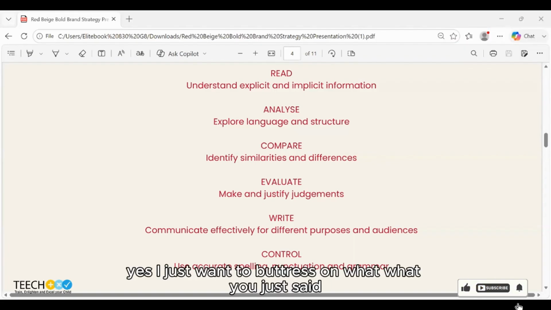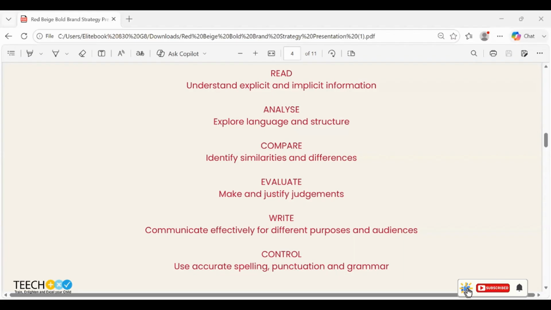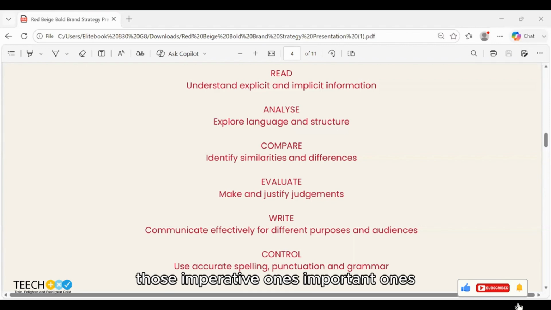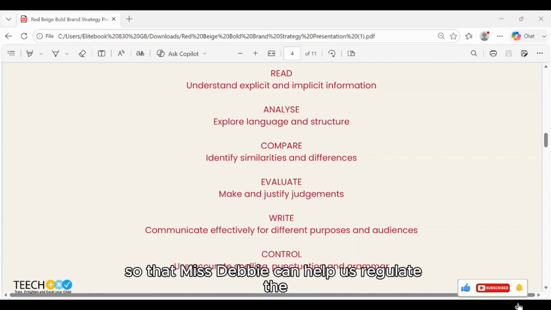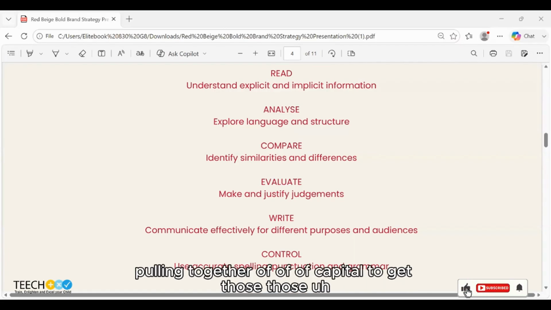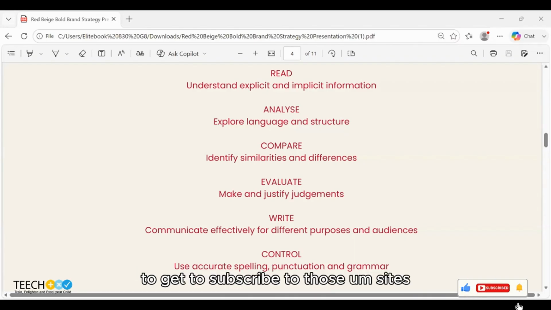Oh, yes. I just want to buttress what you just said. Actually, I'm thinking if we can identify those necessary resources, those imperative, important ones that every teacher should have, especially teachers teaching exam classes like this, so that Ms. Debbie can help us regulate the pooling together of capital to subscribe to those sites.